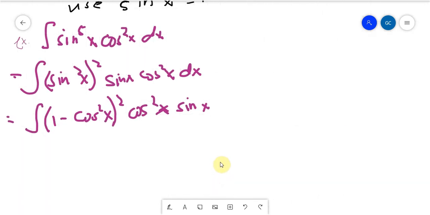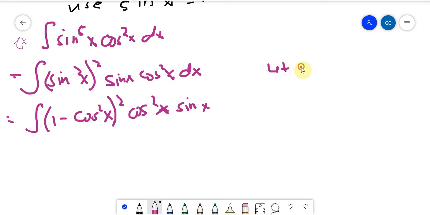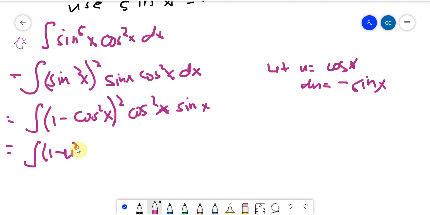And then we will use the substitution rule. We let u is equal to cosine, because we want to express the remaining factors in cosine. The derivative of cosine is negative sine x. So we have 1 minus u squared times u squared times sine x.